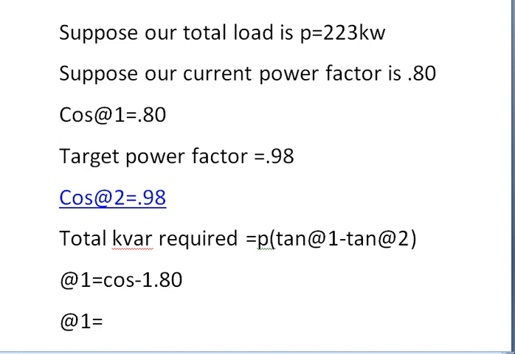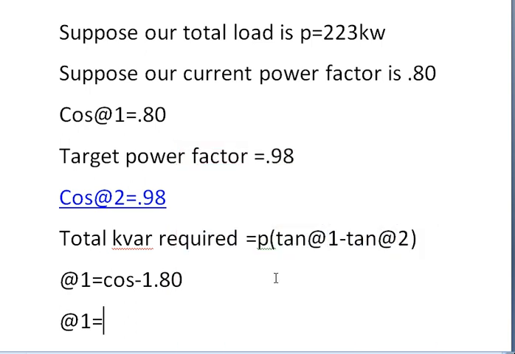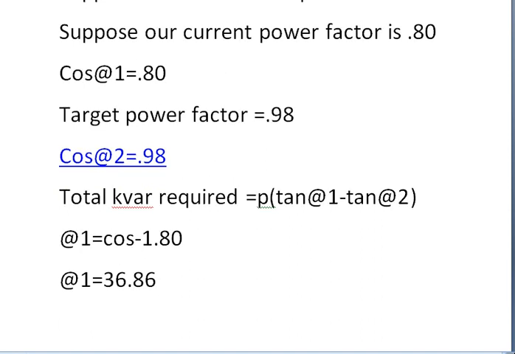On the calculator, take 0.80, cosine inverse. It is 36.86. So this is phi 1.